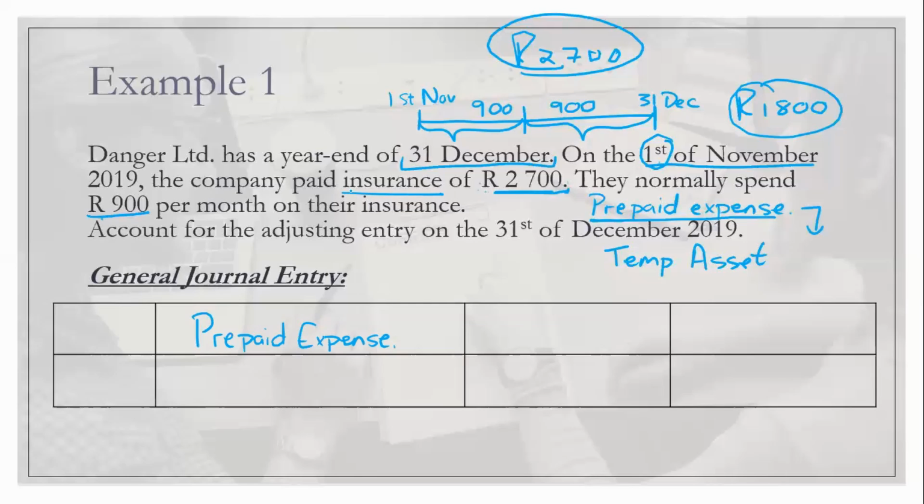Think carefully. Insurance is an expense that falls under equity. We know that incomes are credited and expenses are debited. So if we have to decrease our expenses, sorry grade 10s, decrease our insurance, do we do this on the debit or credit side?